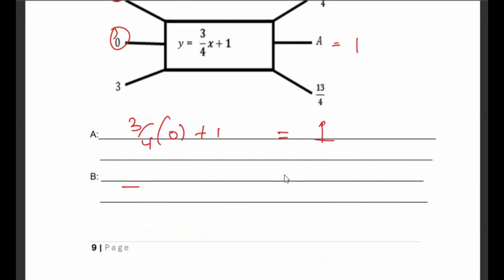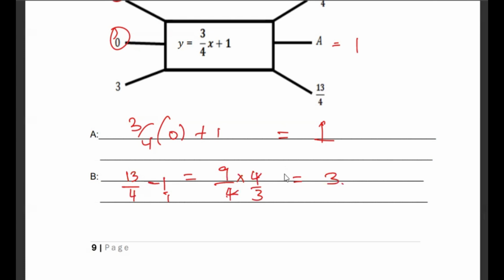Oh, it is 13/4 first with minus 1. What does this give us? This is going to give us 9/4. So 9/4, we need to divide it by this. In other words, I'm going to multiply it by 4/3 because it is the reciprocal. So 4 cancels 4, 9/3 gives us a 3.